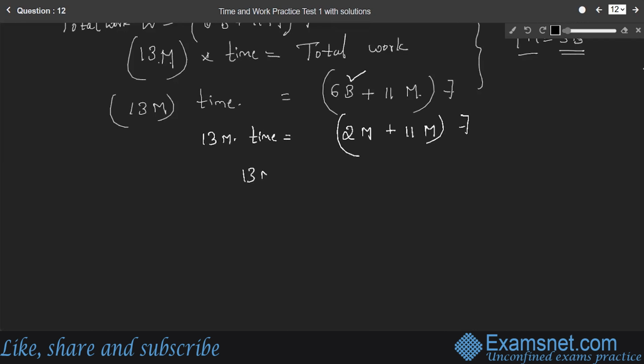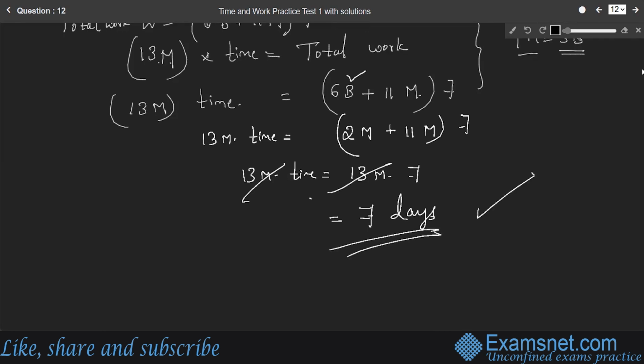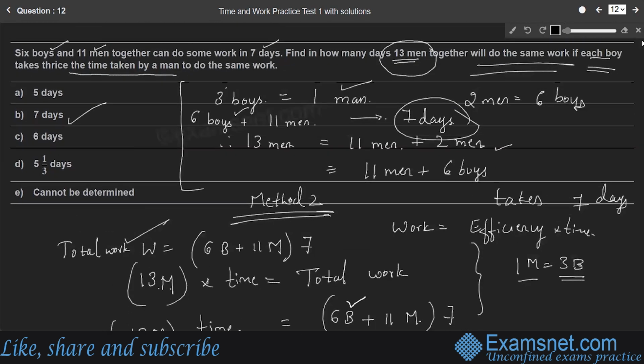So 13 men into time taken by them is equal to 13 men into 7. So we can cancel 13 men and 13 men. So time taken by 13 men is equal to 7 days. Right? This is the theoretical method, using the concept of work is equal to efficiency into time. Here efficiency is nothing but number of persons, or work done by number of persons per unit time is called efficiency.